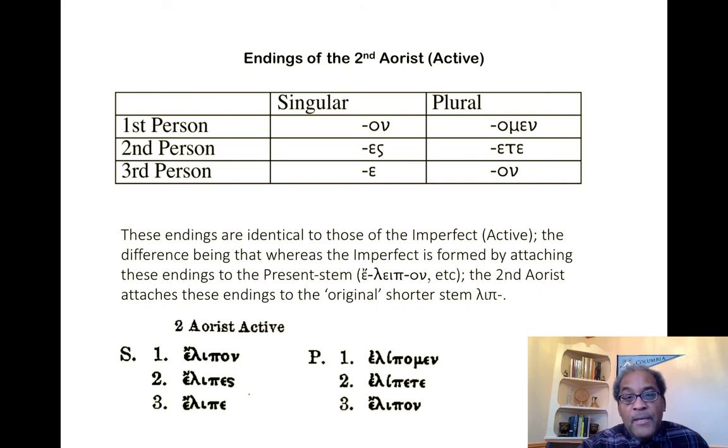The difference is that whereas the imperfect is formed by attaching these endings to the present stem, for example leipon for leipo, the second aorist attaches these endings to a shorter stem, in this case lambda, short iota, pi. So you end up with the second aorist of leipo being elipon, elipes, elipe, elipomen, elipete, elipon.